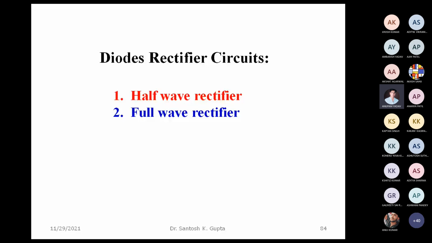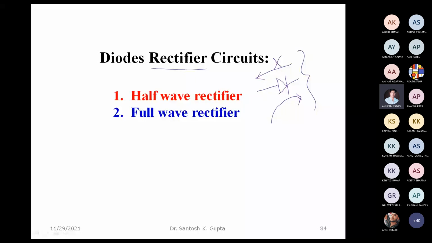Now we look at some applications of these diodes in rectifiers, the so-called rectifier circuits. We have already seen that diodes are characterized by passing current through them in one direction, whereas they oppose the flow of current in the other direction.